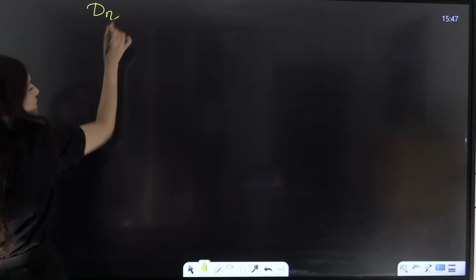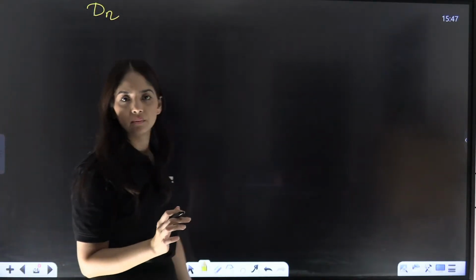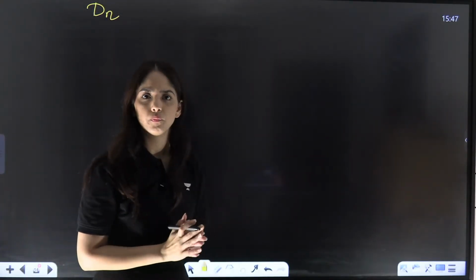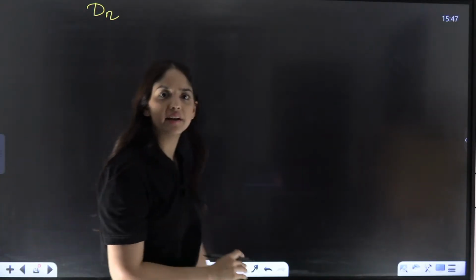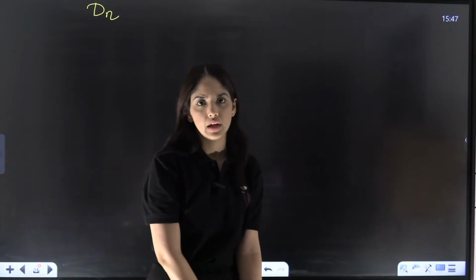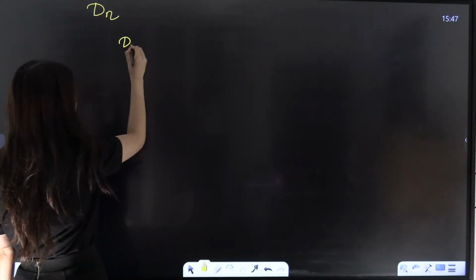let's say we want to derange n objects, right? Now, we want to derange n objects. How many ways are there? If I know n minus 1, I know dn minus 1.